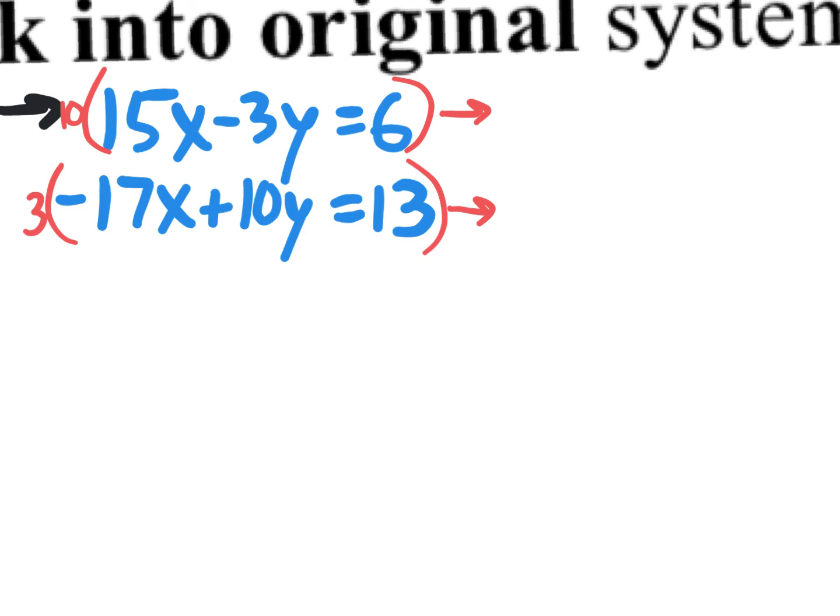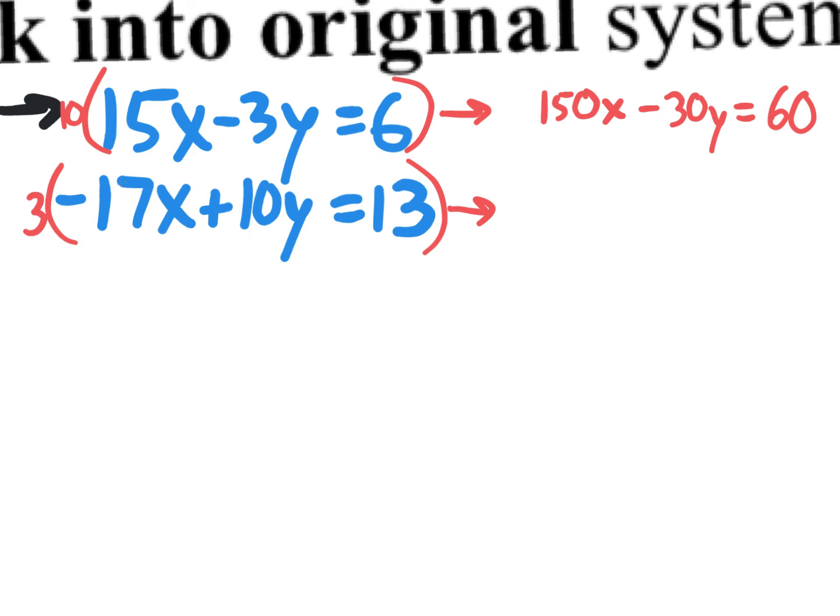Up on top, 10 times 15 is 150. Dang, huge number. I'm getting scared. And of course, we're talking about x's. And then 10 times negative 3, that's negative 30. We're talking about y's. Equals 10 times 6, that is 60. Right? And now on the bottom, we have 3 times negative 17. Dang, that's ugly. What's that?